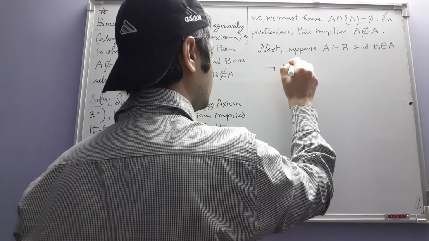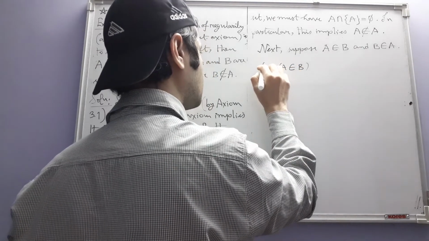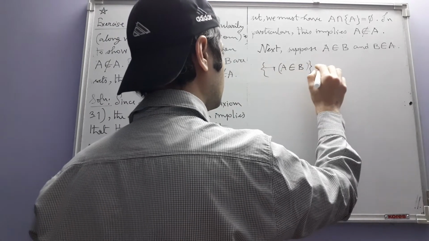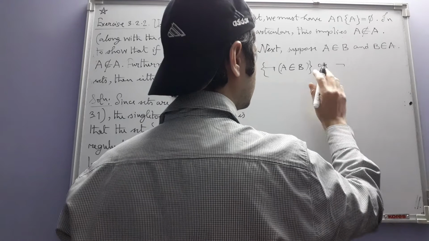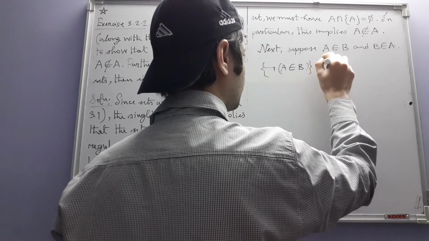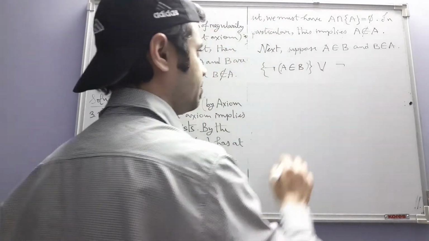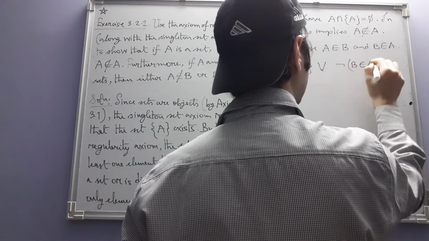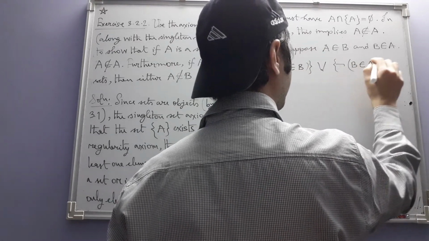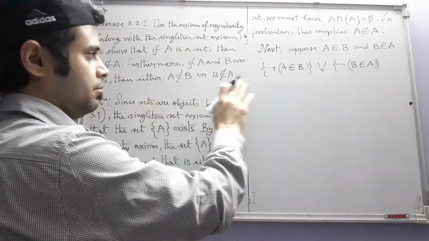Negation of A belonging to B, or, let me use the logical symbols, disjunction, negation of B belonging to A. We are saying that this is the negation of this statement.